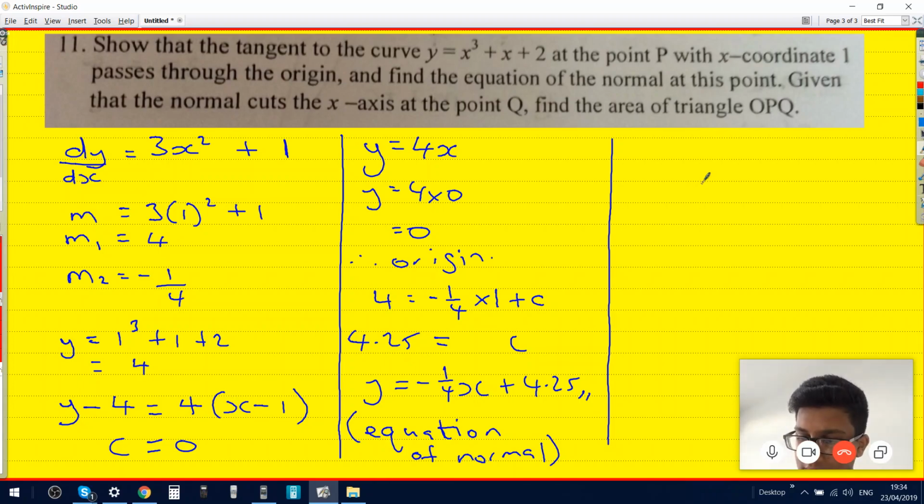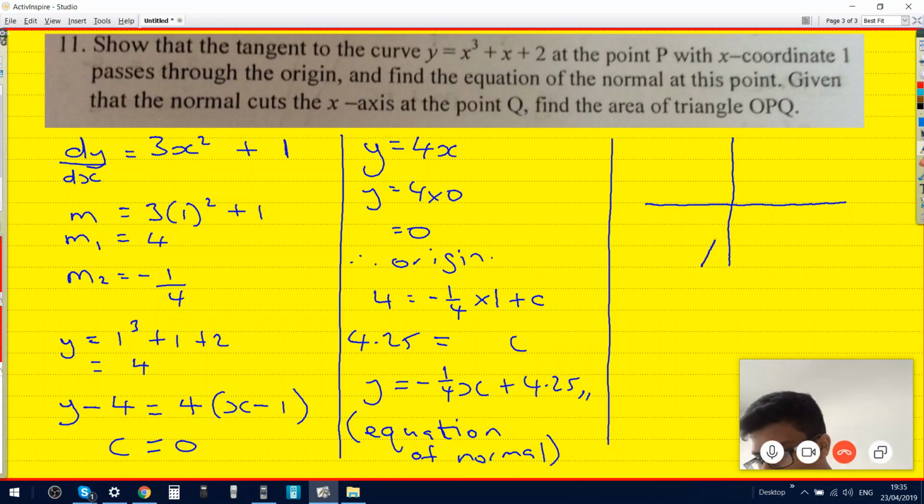So it's a cubic. I know the shape of a cubic, but I'm trying to think where would the.